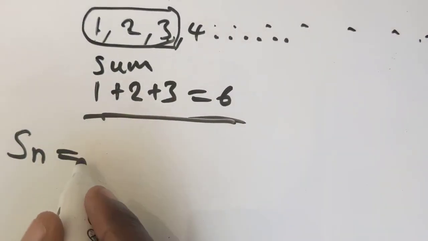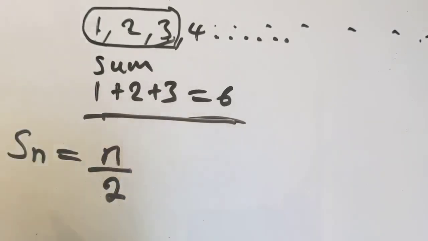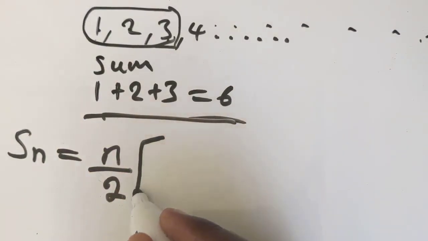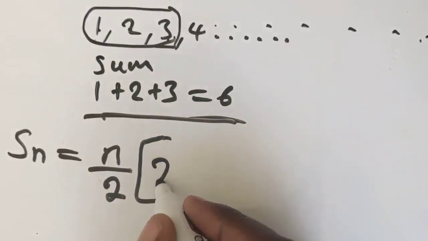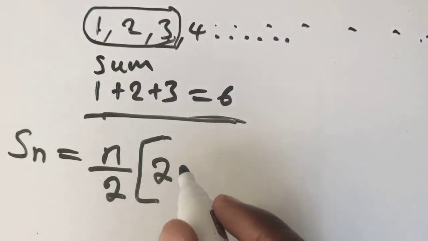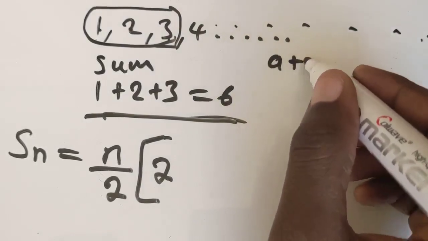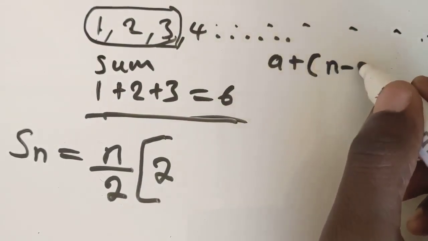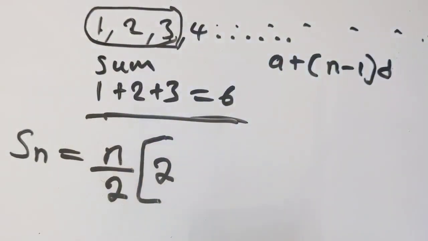Then it is equal to n over 2, then open a large bracket, then you say 2, then the formula for the nth term, we said that the nth term is equal to a plus open bracket n minus 1, then d. This was the formula.